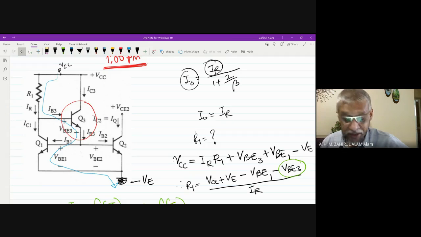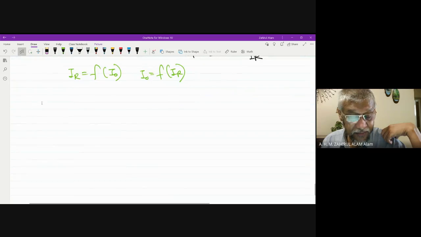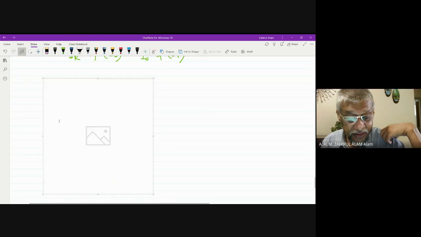Now this is our modified circuit. I need to show you how to do it. I just copy it to another clean place so that I can see the diagram.